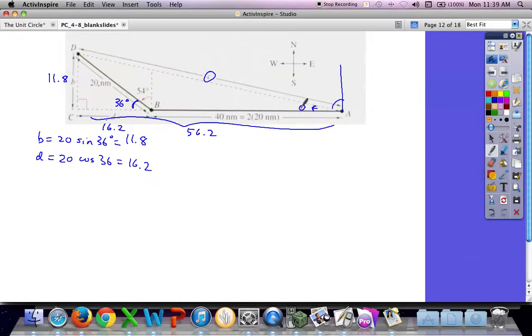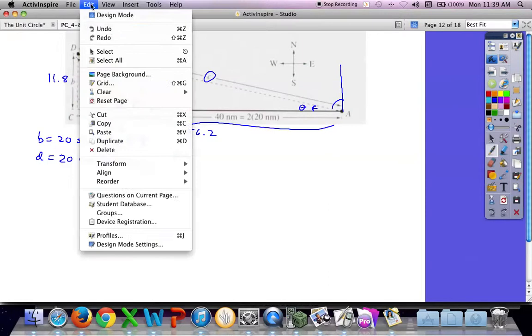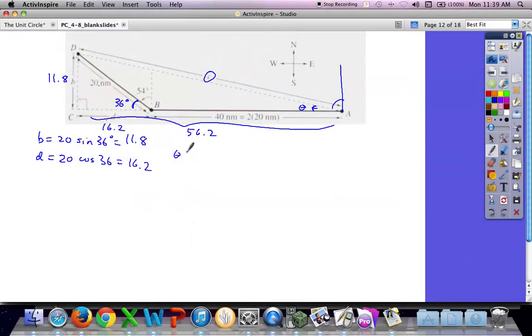I'll call it theta, because the tangent of theta should be the opposite over the adjacent. So theta equals tan inverse of 11.8 divided by 56.2.